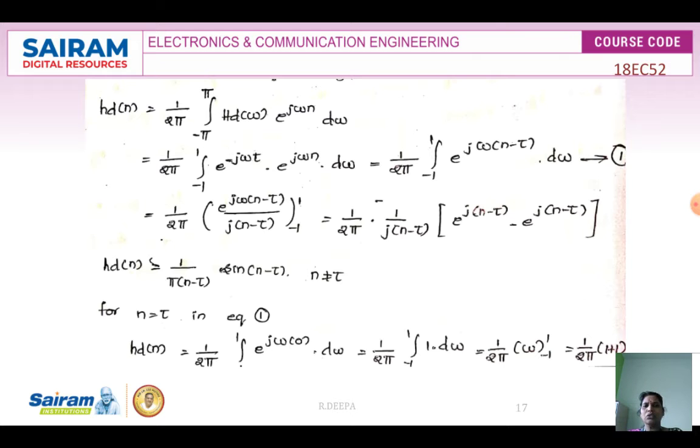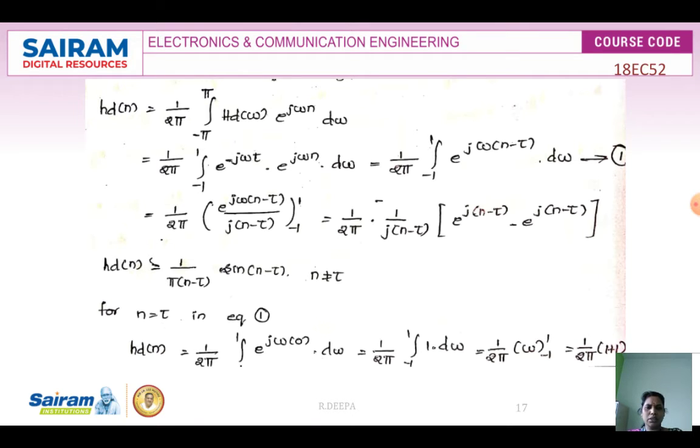Now for n not equal to tau we have a solution, and we need to find another solution for n equal to tau. This can be done with the help of equation 1, which is the expression before taking the integral. In that, substitute n is equal to tau.